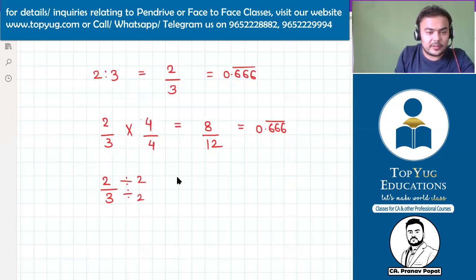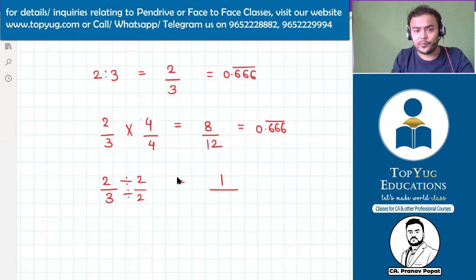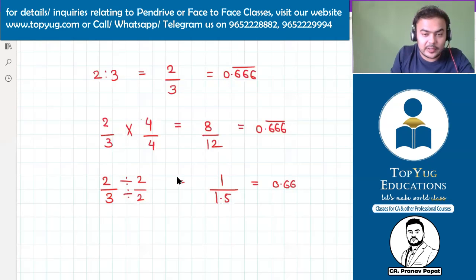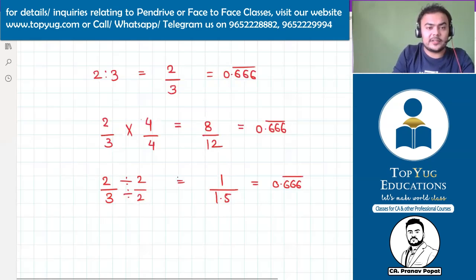Both the things. Let's not multiply, just divide it by 2. So 2 by 2 will become 1 and 3 by 2 will become 1.5. Now tell me, what is the value of 1 divided by 1.5? Sir, it is also 0.666.